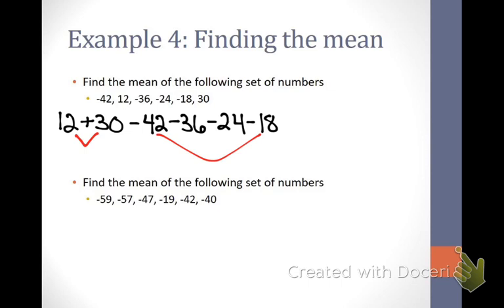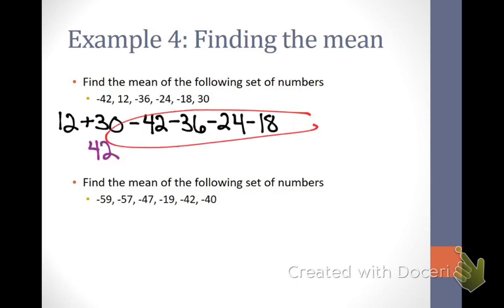So I can add all my common signs together and then keep the common sign. So 30 plus 12 is 42. Now I want you to try to add and keep all these negatives.